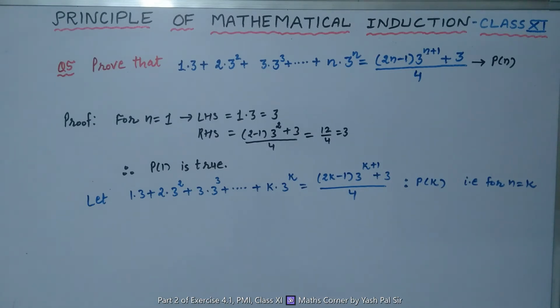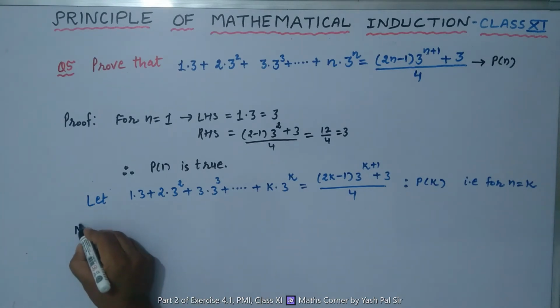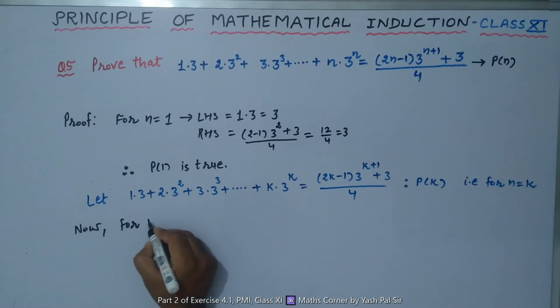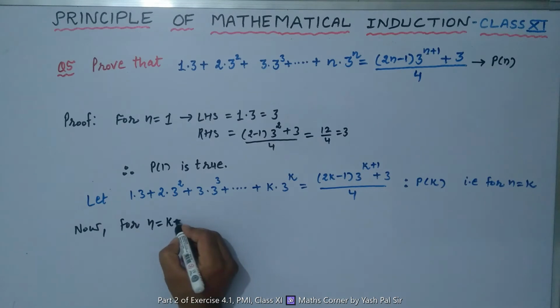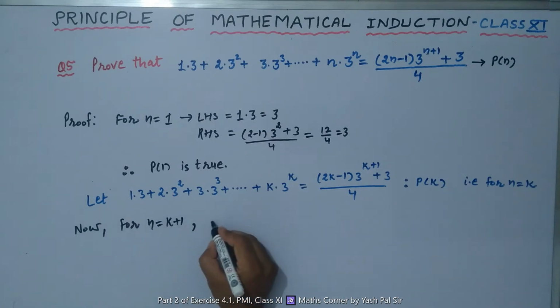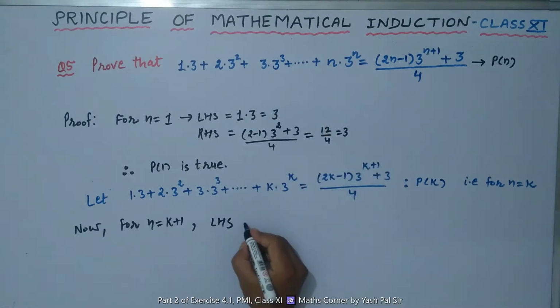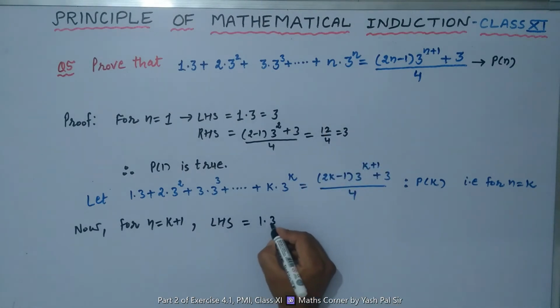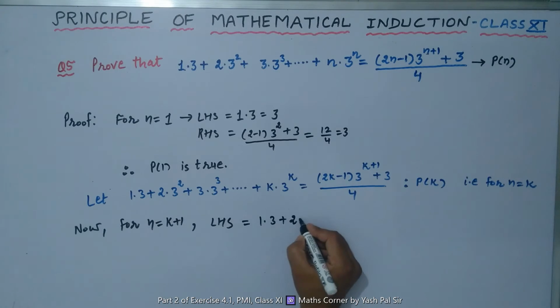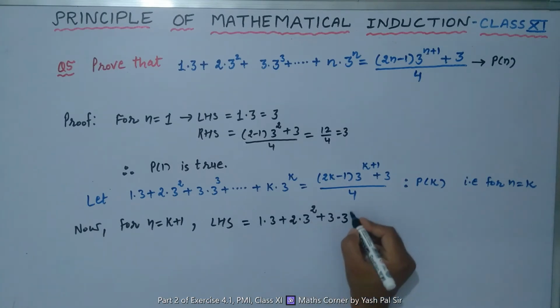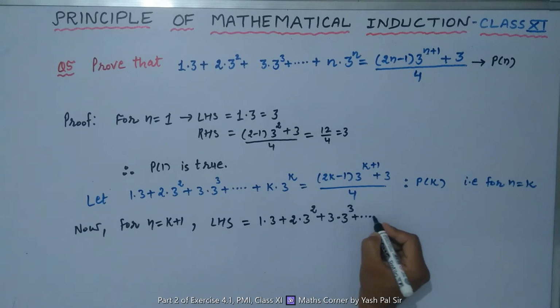Now we shall prove that the given statement is true for n is equal to k plus 1. For n is equal to k plus 1, the left hand side of the given statement becomes 1 into 3 plus 2 into 3 square plus 3 into 3 power 3 plus so on.